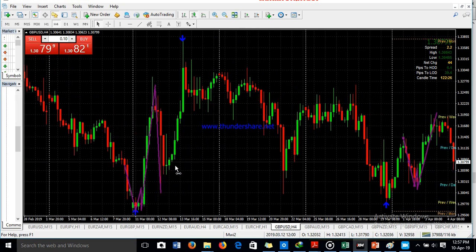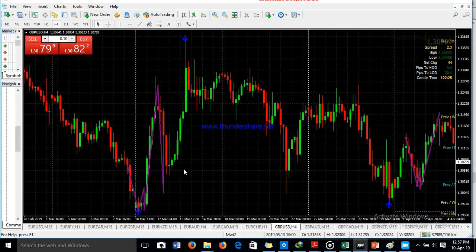Weekly high, weekly low. Weekly high, weekly low. This separation here means it's a week. For an example, let's say 1 2 3 4, 1 day, 1 2 3 4, 2 days, 1 2 3 4, 3 days, 1 2 3 4, 4 days, 1 2 3 4, 5 days.